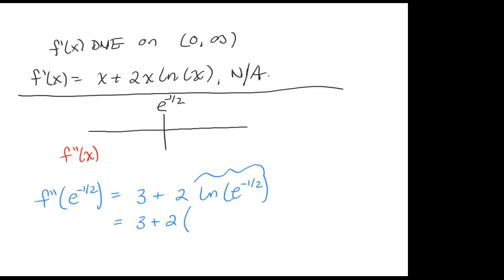Remember, this means log base e of e to the negative 1/2. So the base of the logarithm and the base of whatever is inside match. So this is equal to negative 1/2, which is equal to 3 minus 1 or 2. And all I care about is that it's positive.